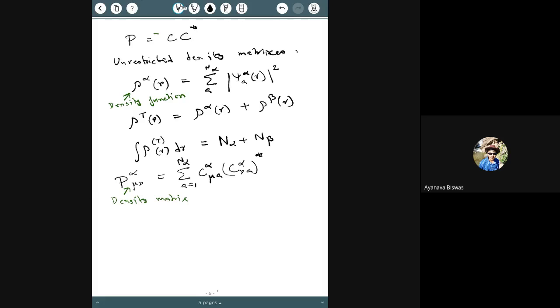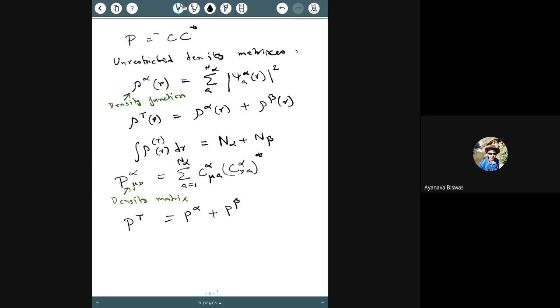That is the definition, and similarly you have a beta spin density matrix as well. And I can also have a total density matrix, and that is P alpha plus P beta.